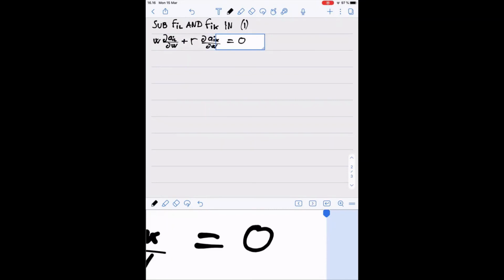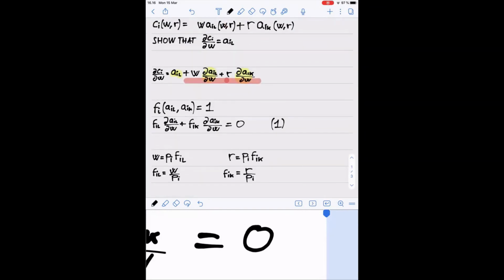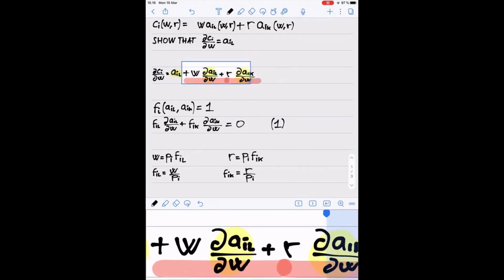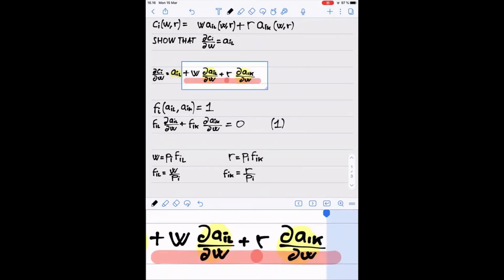Okay, and so what does this mean? Well, this means that we have proved what we wanted to prove. We wanted to prove that this term here was equal to 0.